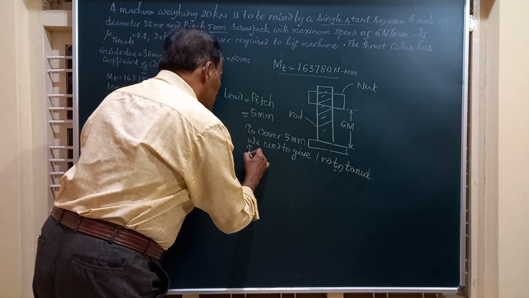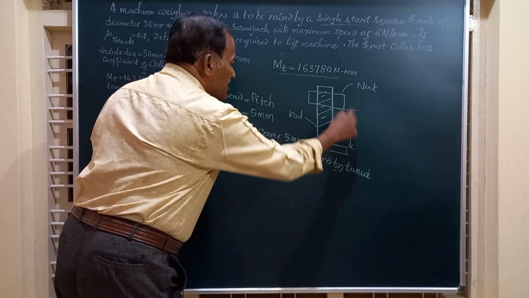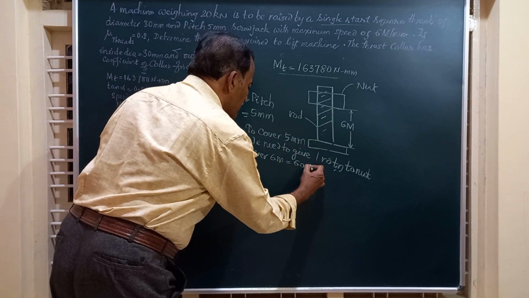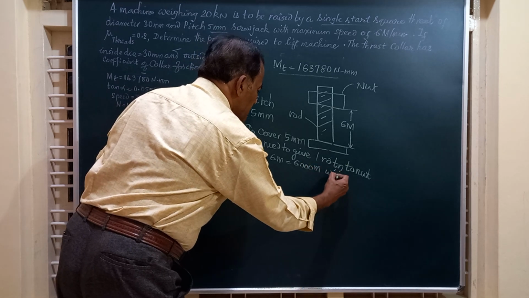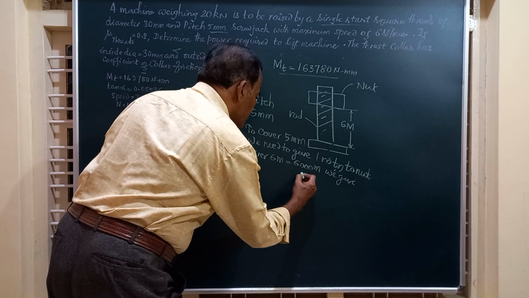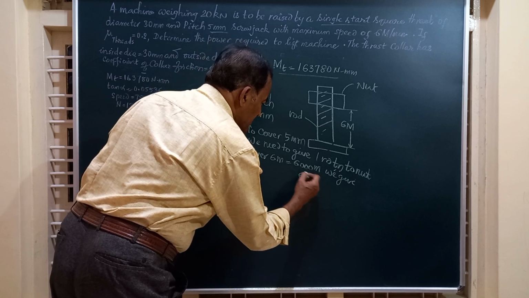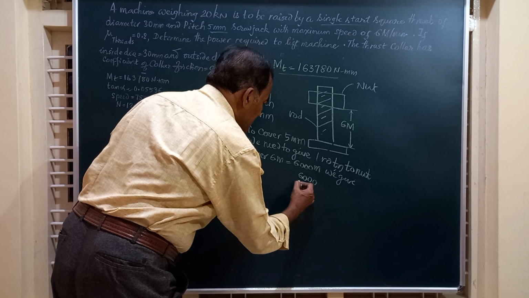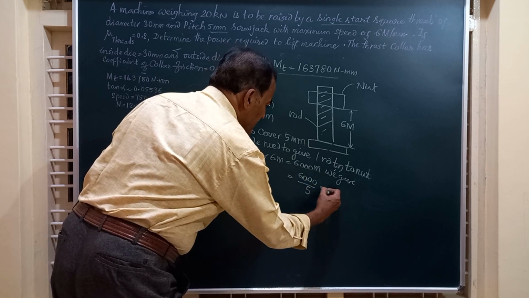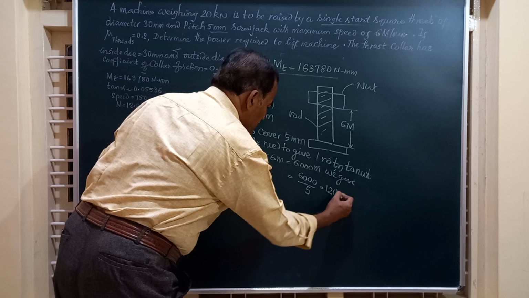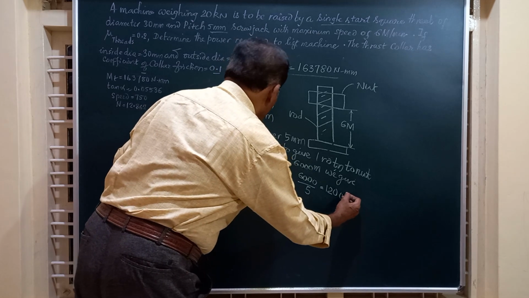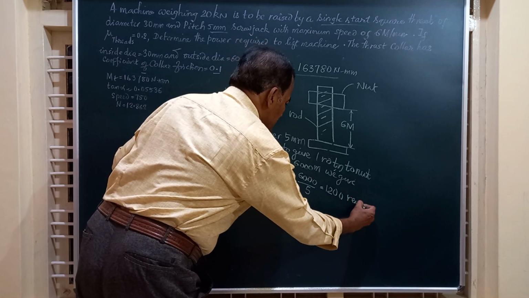Similarly, to cover 6 meter, that is 6000 millimeter, we divide 6000 by 5, that is equal to 1200. So many revolutions.